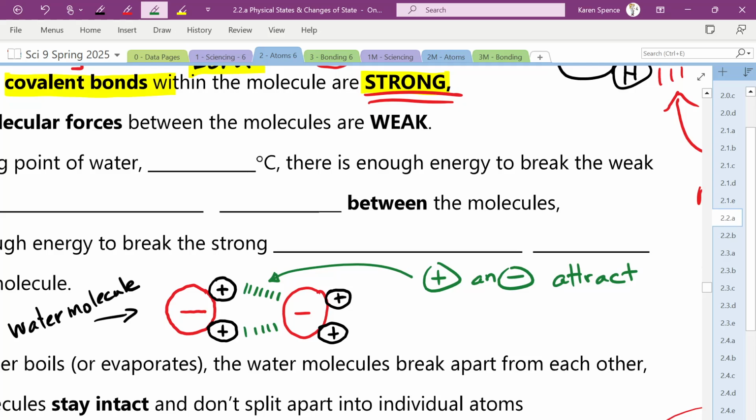Now, does anyone know what the prefix inter means? Between. Inter means between. So if you go on an international flight, you are traveling between two different nations. So what we have here is we have a force.